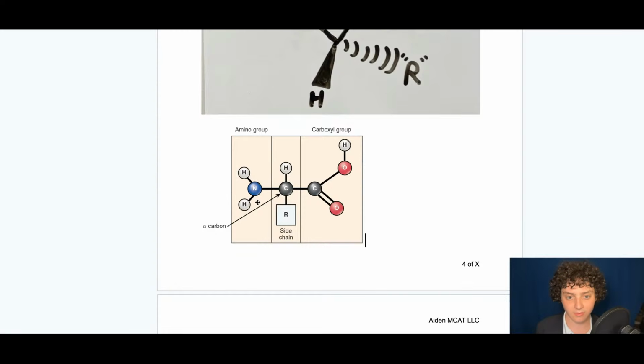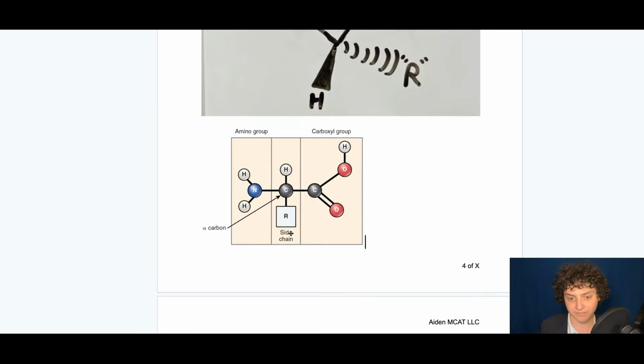This is the amino nitrogen with 2 hydrogens. This is the alpha carbon, as they're pointing to here, which has 1 hydrogen and what we call an R group or a side chain. I'm going to mention that, but I just want to get to the other side first. And then this is the carboxyl group, which is a carbon, an oxygen, and hydrogen.